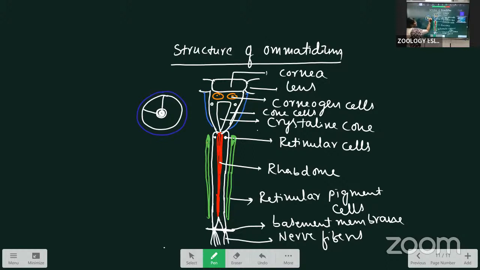It is surrounded by the cone cells. Here, this one is the iris pigment cell. Iris pigment layer. Iris pigment layer.